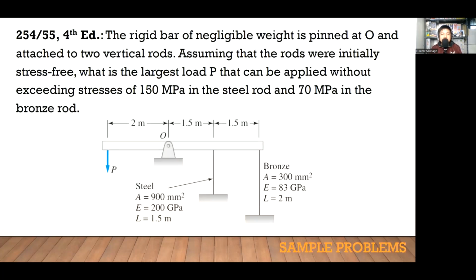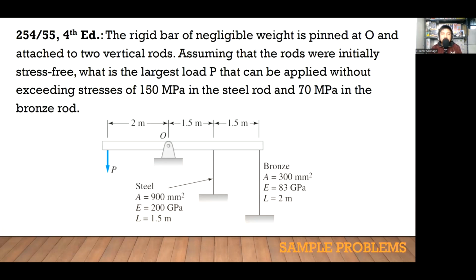So for our next example, we will consider problem 254 in page 55 of the 4th edition book. For the problem, the rigid bar of negligible weight is pinned at point O and attached to 2 vertical rods.